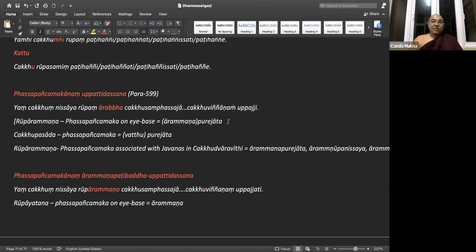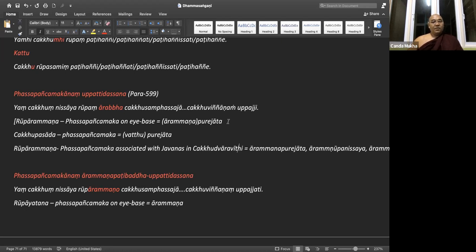Because we have two kinds of Purejata, Vatthu Purejata and Arammana Purejata: object pre-nascent and base pre-nascent. In the case of the Ruparammana, the visible object supports Phassa and so on, which arise depending on the eye base, by means of the Arammana Purejata Paccaya.